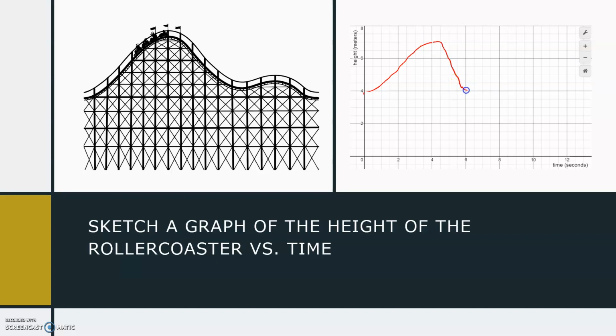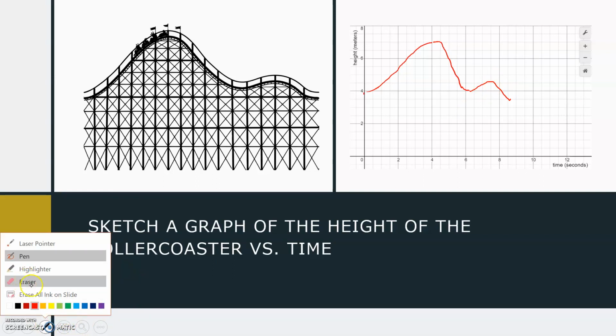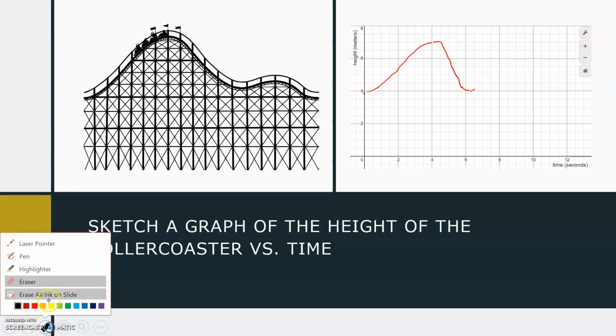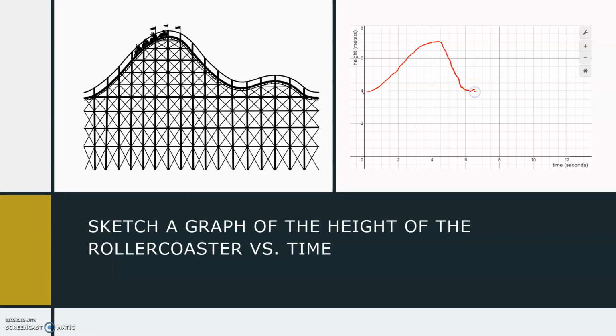Then it might slow down a little bit here, and then it might go slowly up, and then maybe a little crash down again. It looks a little bit like I'm sketching the track here, but I want you to be aware that my x-axis is not horizontal distance, my x-axis is time. So even though this is not a terribly steep line, my position graph would be steep because my position is going to change more quickly as I go down.